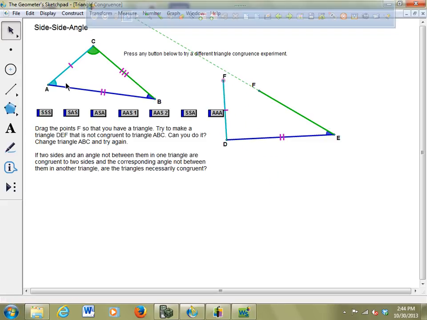So look, side, side, angle says if two sides and an angle not between them in one triangle are congruent to two sides and the corresponding angle not between them in another triangle, are the triangles congruent? In this case, this side is congruent to this side, this side is congruent to this side, and angle B is congruent to angle E over here.